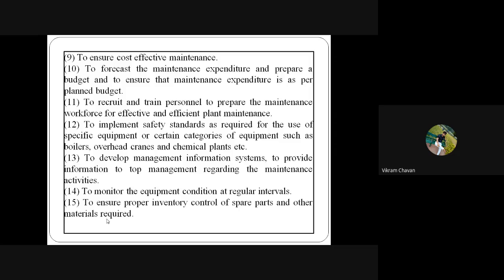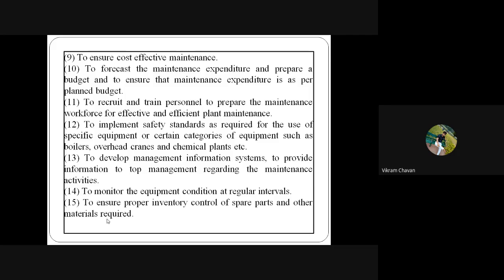This required material is stored in a required or optimum quantity. That comes under the functions of maintenance management.